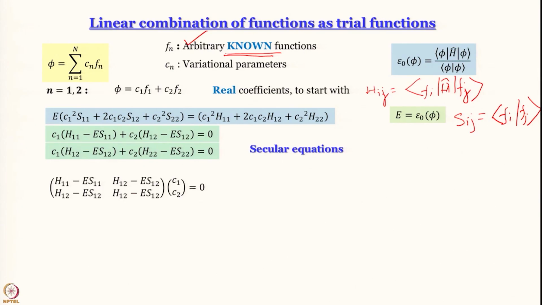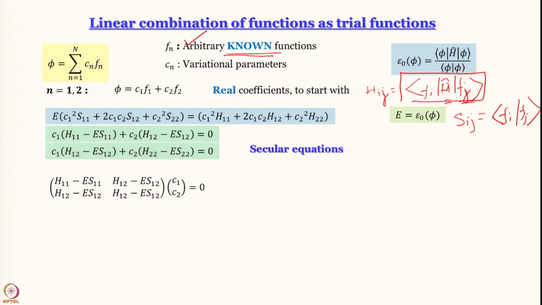If I use a Gaussian function, I know where the maximum is, I know what the full width half maximum is. If it is an exponential function, I know what is the constant associated with that exponential decay, and so on and so forth. So, I know the functions. Also, I know the Hamiltonian. So, I can hope to actually work out the value of these integrals.